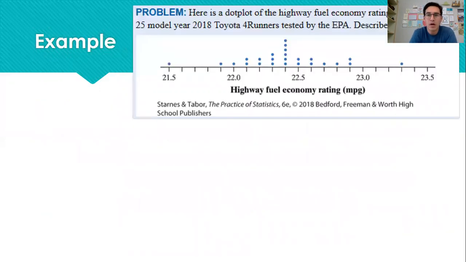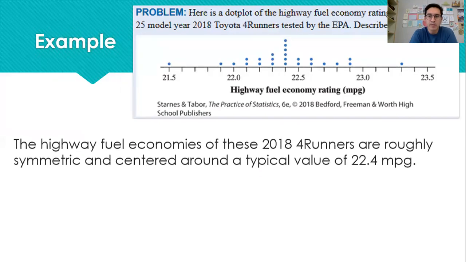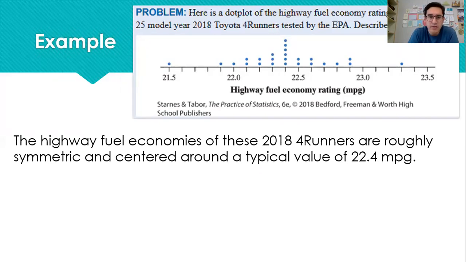All right, so here is an example of how to address that on an AP question. We have a dot plot of fuel efficiencies for some Toyota 4Runners, and we want to describe this distribution. So first we could say that the fuel economies for these 2018 4Runners are roughly symmetric, so I'm addressing shape there, and centered around a typical value of 22.4 miles per gallon.